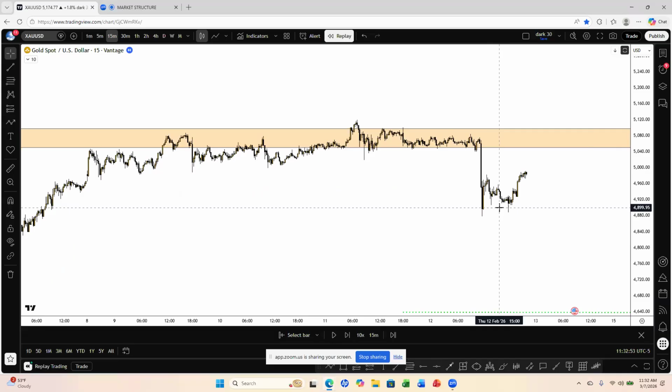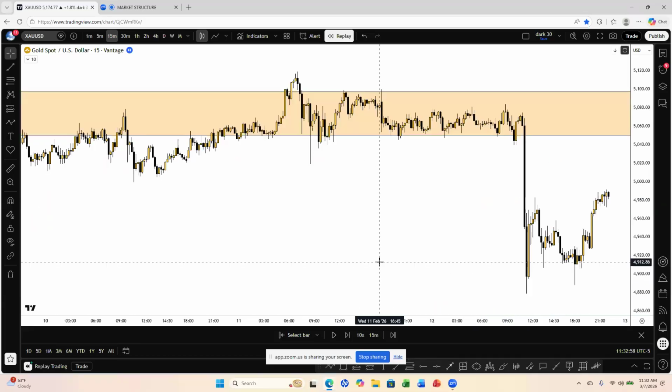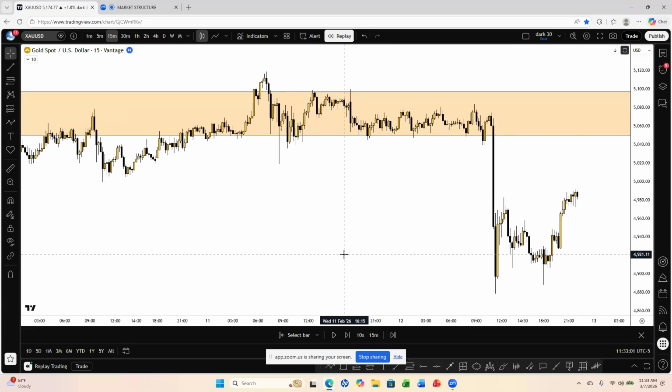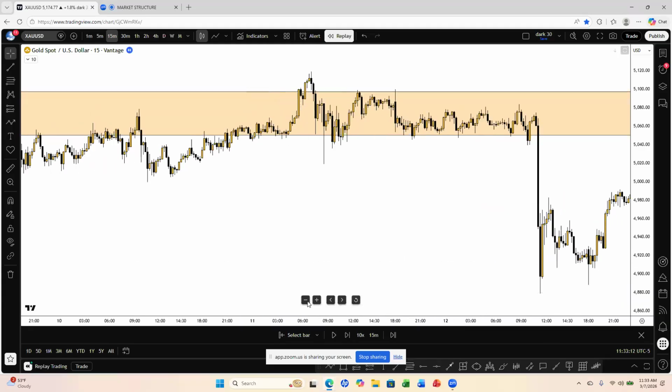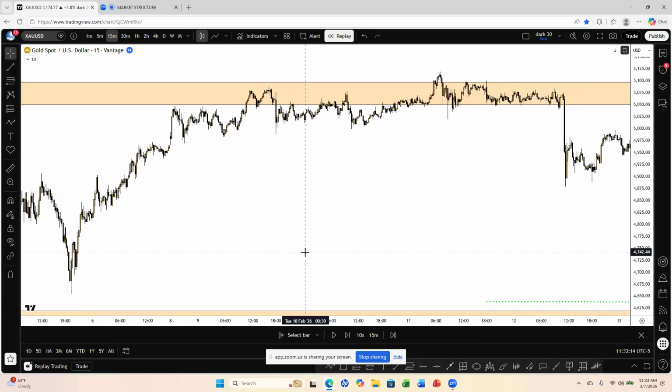Once it shot down, you probably had a chance to get money, once it showed you and was moving aggressively. But you're going for a short, so obviously you would consider a short turnaround.